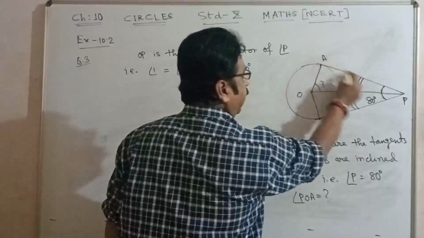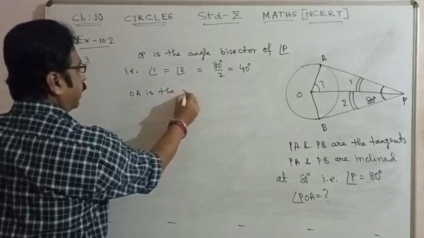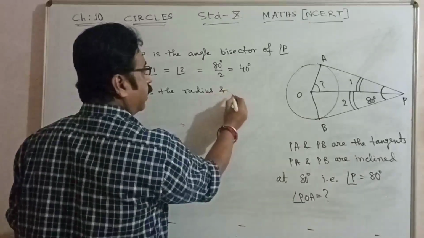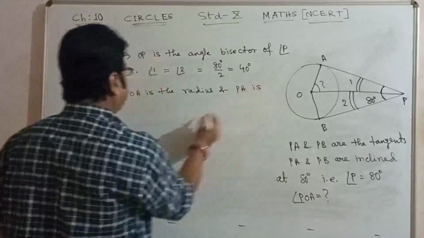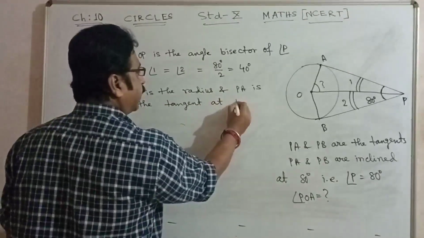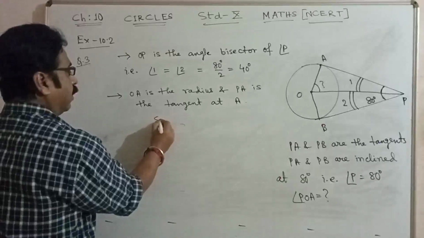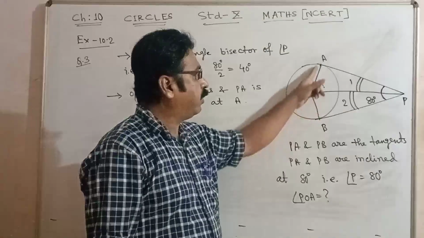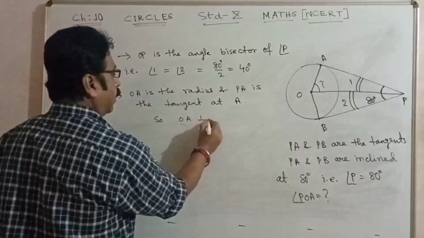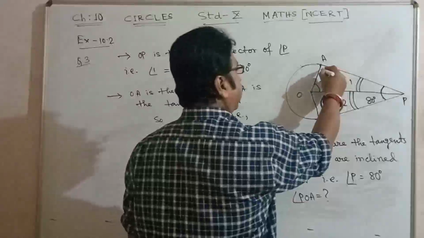OA is the radius and PA is the tangent at the point of contact A. So, according to theorem 10.1, OA will be perpendicular to PA. Suppose this angle is angle 3.